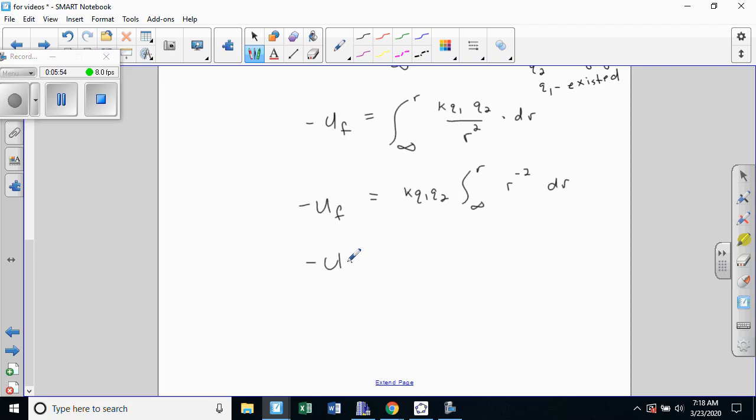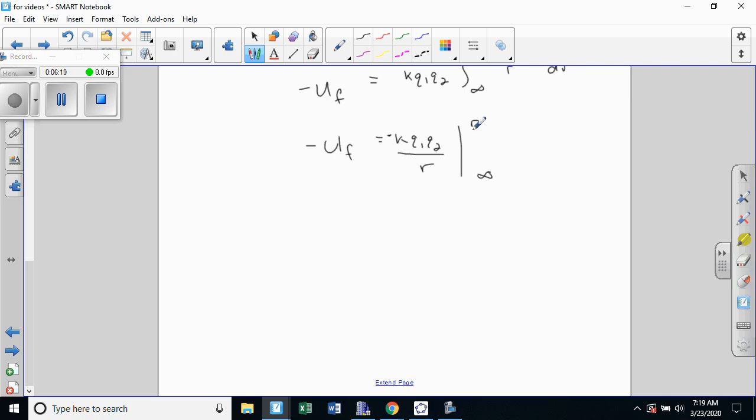So minus UF is equal to K Q1 Q2. R to the negative 2, I'm going to add 1 to the exponent. I get R to the negative 1, and I'm going to divide by that exponent, so I get a negative out in front, and then that's going to be R to the negative first, or 1 over R, evaluated from infinity to R. Okay?